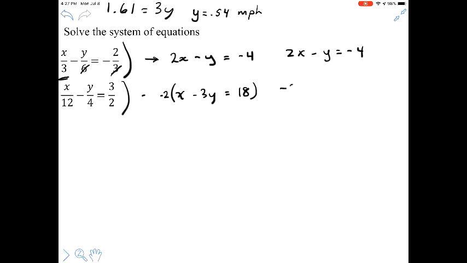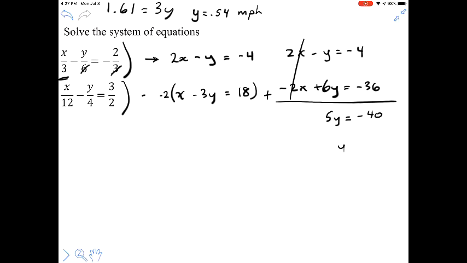So then it becomes negative 2x plus 6y equals negative 36. Now with the elimination, x eliminates. 5y equals negative 40. So y equals negative 8.